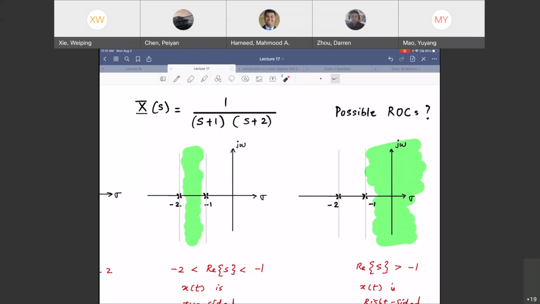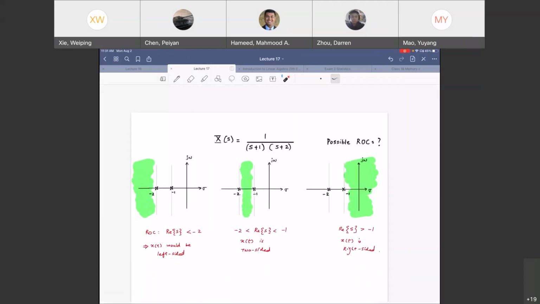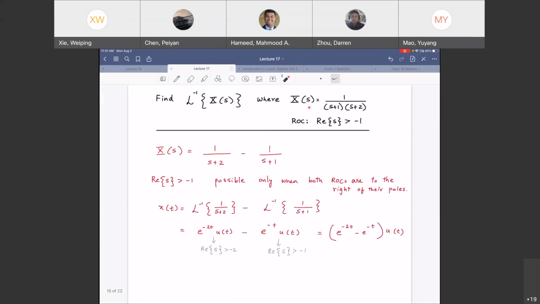So in order for that to be possible, they both have to be right-sided, so that the intersection satisfies this criterion. So let's just do that. For x of s, try to use partial fractions, and you guys are experts at that, I believe.